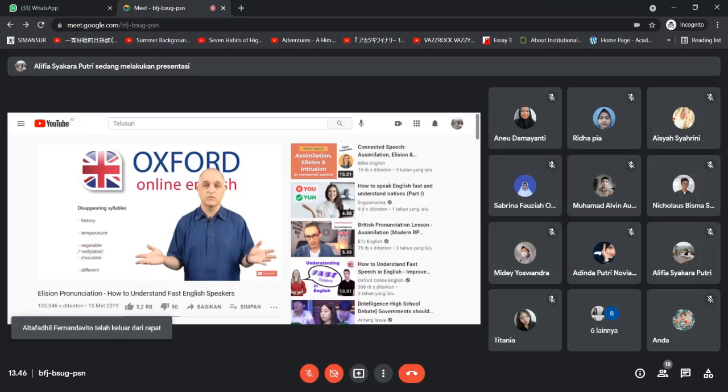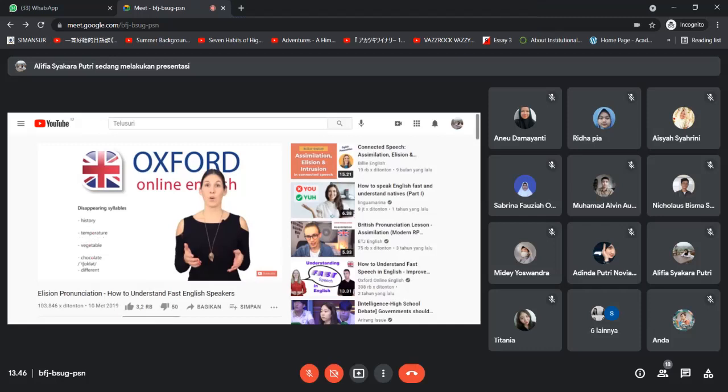Vegetable. In chocolate, the second O is not generally pronounced. Chocolate. Finally, in different, the first E almost always disappears, so you link directly from F to R. Different.